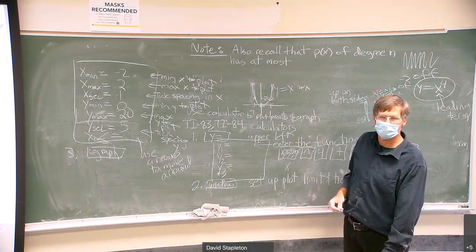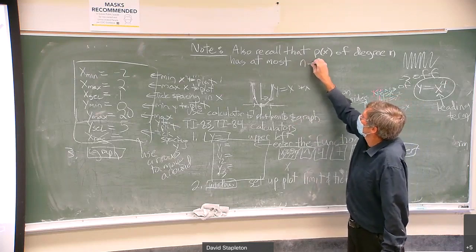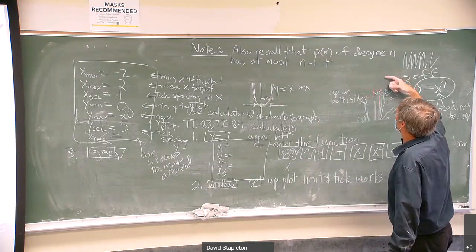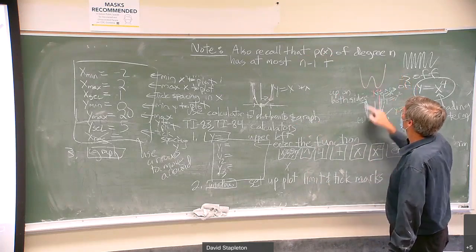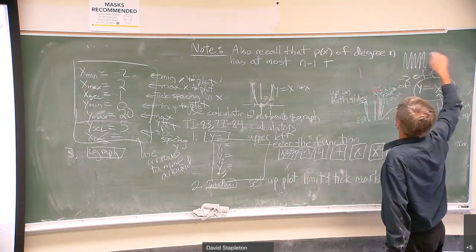How many times can it do that? You prove it in calculus, you have to memorize it now. It has at most n minus 1 turning points. So if it's fourth degree, it can't turn more than 1, 2, 3 times. Right? It can't do more than this. So it can't go up and down all those times.